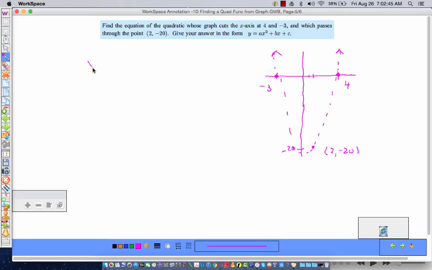And so, again, we're just going to have y equals a times x, since I have a root of negative 3, this will be plus 3, because this is positive 4, x minus 4, and I know I have another point on the graph, so this is negative 20. I can easily solve for a here.